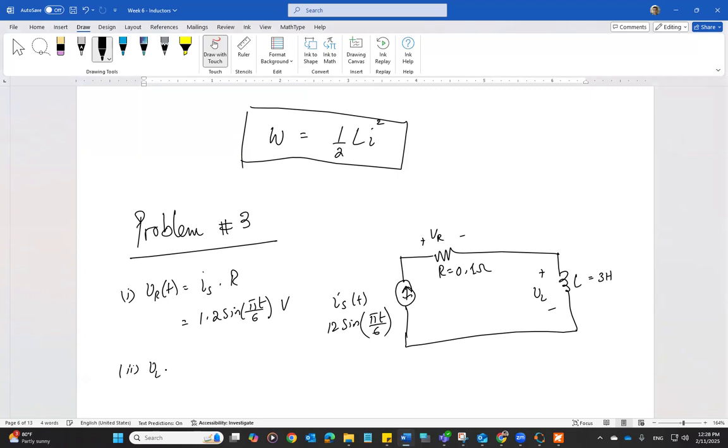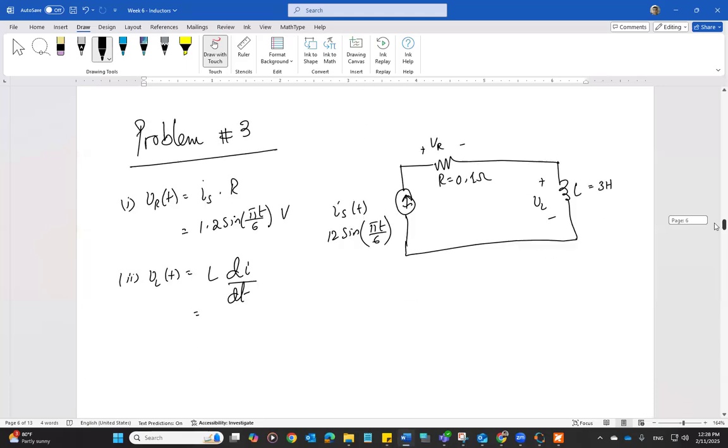The voltage value across the inductor, we know that is equal to L di over dt. And the equation is 12 sine, so I'm going to bring 12 outside, 12 L di over dt, sine of pi t over 6.